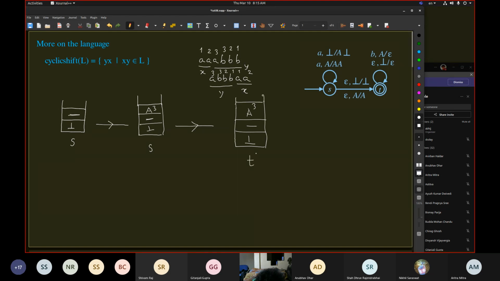The state only changes from S to T. Then it sees a B, the third B. And this A is already there. So it simulates this step, replacing that B by A. Here A is consumed, here B is consumed. So what remains is this.